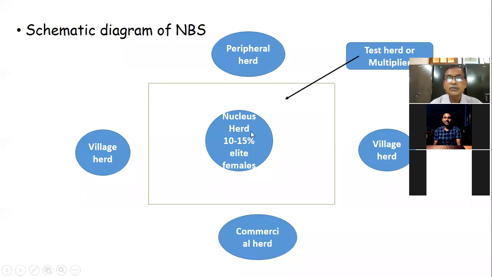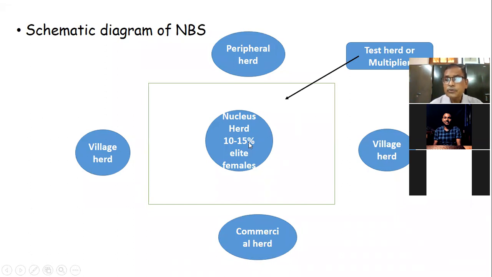That means whatever genetic improvement is there in the nucleus herd, the best superior sires are produced from this nucleus herd, and they will be allowed for breeding purposes. Here only very few females are there, only 10 to 15%.